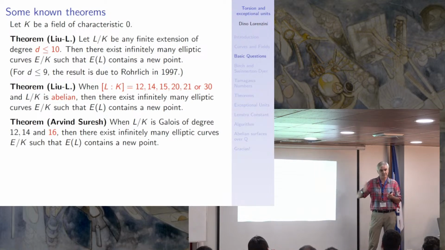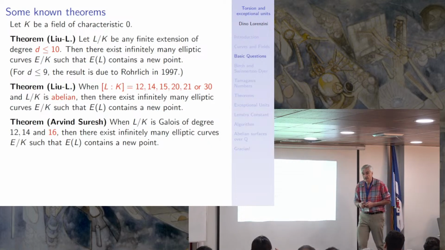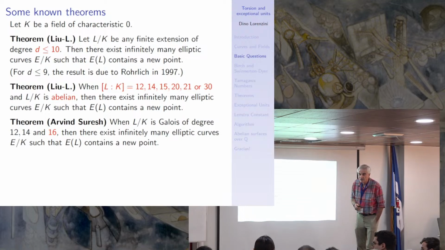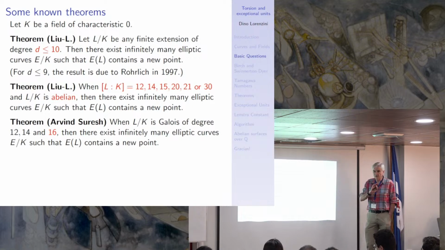And you have a family, you have enough in the construction to say there are infinitely many. Yes? In these results, when you get a new point, is it you get a jump in the rank, or it could be a torsion point? It could be a torsion point, but most probably not. But you don't see, the proof does not allow you to make that difference.